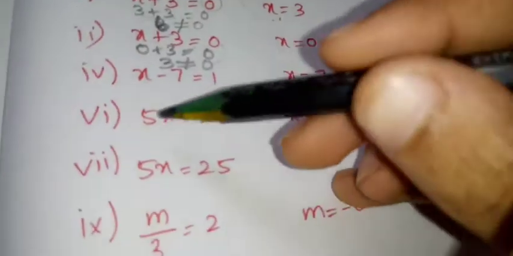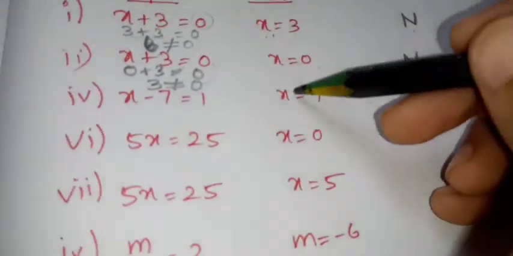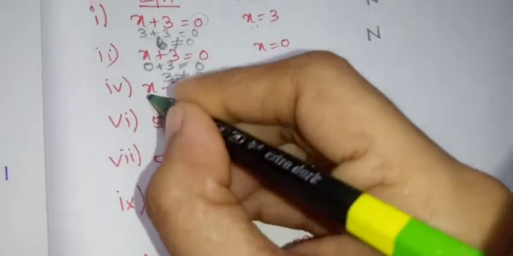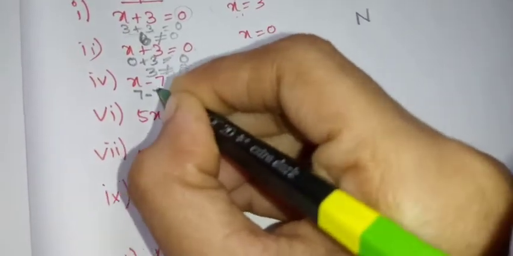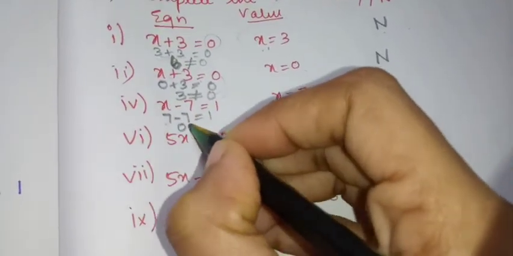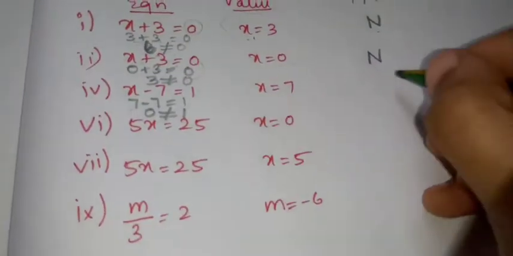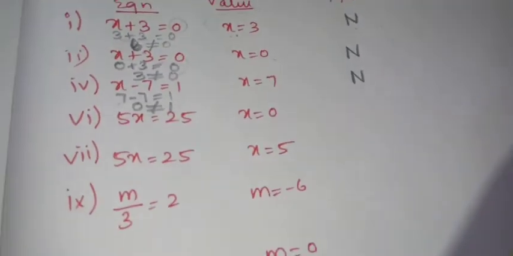Next, x minus 7 equal to 1. What is x value now? 7. 7 minus 7 equal to 1? 7 minus 7 is 0, which is not equal to this RHS. So this is also not satisfied.